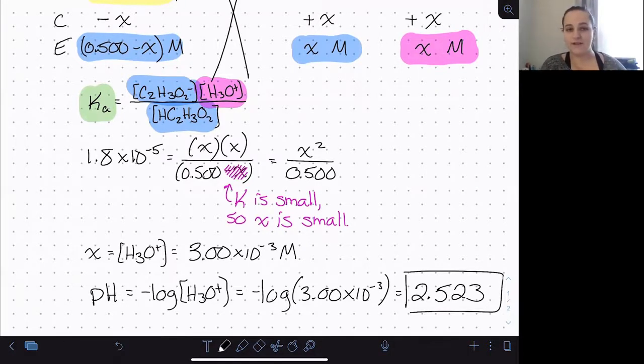So we can apply the same process to a weak base. Similarly to when we talked about strong acids and bases, the only difference is that we first calculate the hydroxide ion concentration, and then there's just one extra step to get us to pH.